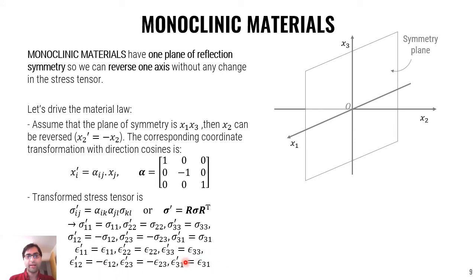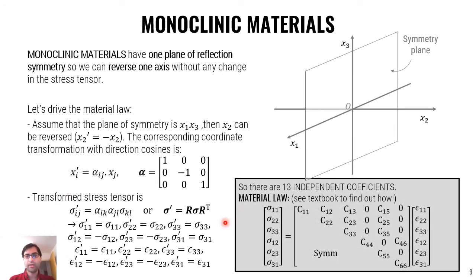Okay. We need some algebraic manipulation to find the rules that enforce these relations. I leave that to you to read if you're interested. But at the end, we end up with only 13 independent coefficients. And the material law becomes sigma equal to C for the monoclinic material multiplied by epsilon.